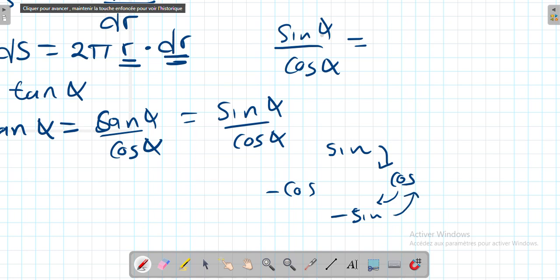So the quotient rule says you differentiate what's on top. What's the derivative of sine alpha? The derivative of sine alpha is cos alpha, you go down. So you say cos alpha, then you multiply by what's down, which is cos alpha.